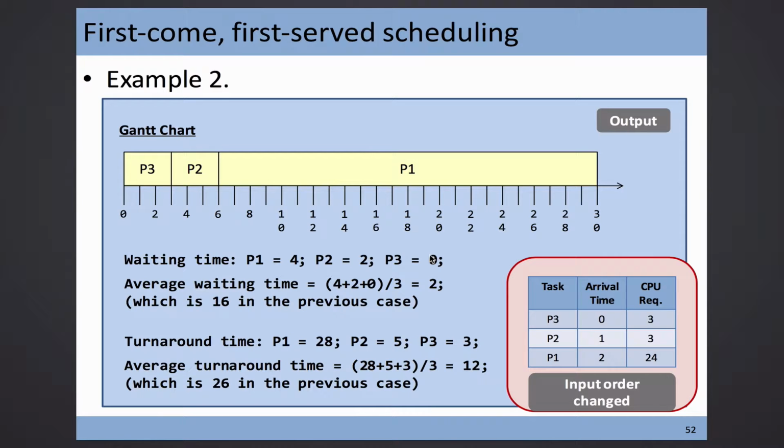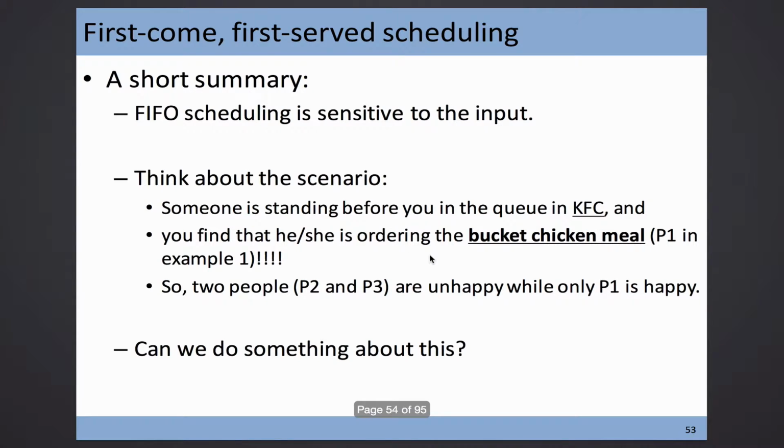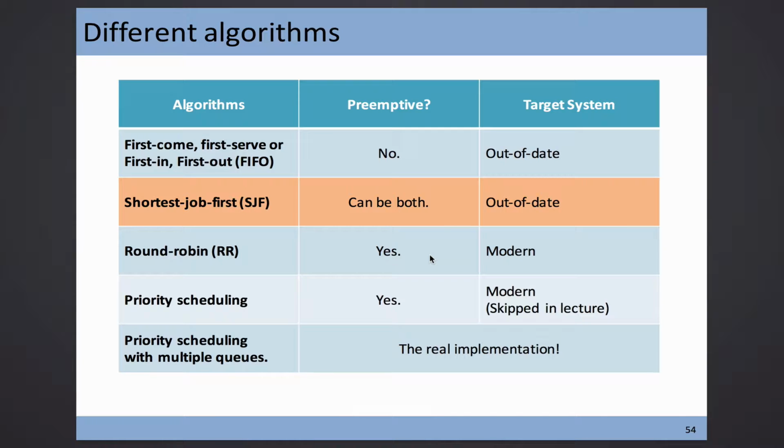The next algorithm is the thing that I just said: sort the job first. So what is shortest job first? Well, I guess you face this every day once you enter the university. You have many assignments, and their deadlines you actually don't care about, right? You just know that you have assignments. So what is the assignment that you will pick to do first?